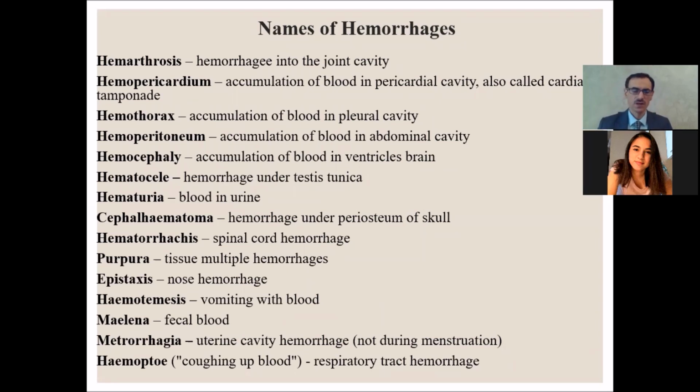For example, epistaxis, the bleeding from the nose; melena, blood in the feces; metrorrhagia, the uterine bleeding; hemoptysis, the respiratory tract hemorrhage; hemopericardium, blood in the pericardial cavity; hemoperitoneum, accumulation of blood in the peritoneal cavity, and so on. Hematuria, blood in urine.